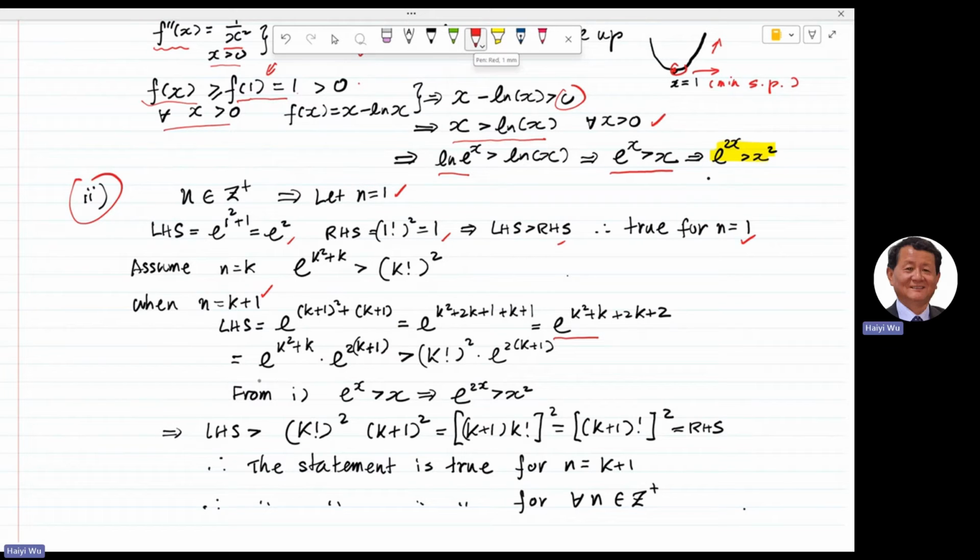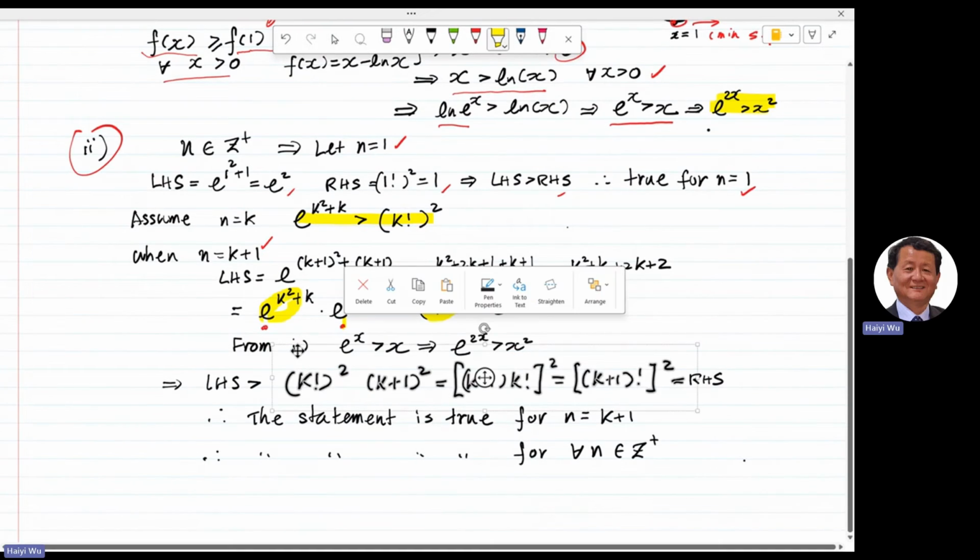I'm going to separate into two e-based indices. For the first one, I'm going to use the assumption, so that one is greater than k factorial squared. And because they're both positive, we write down this one to the right.